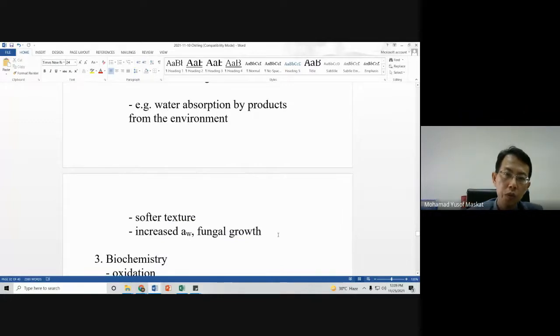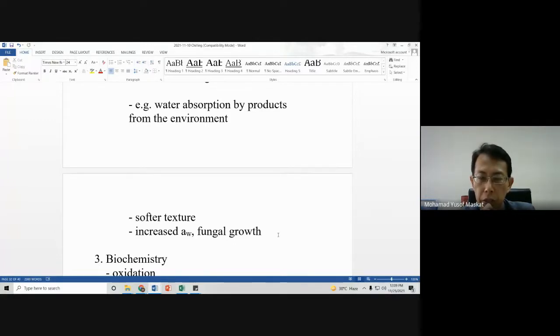Dried fruits contain a very low moisture content. So if you were to expose them to the environment, especially here in Malaysia, because we have a higher relative humidity, meaning that the air around us has a higher amount of water vapor, that will cause the water vapor from the surroundings to be absorbed into these dried products.